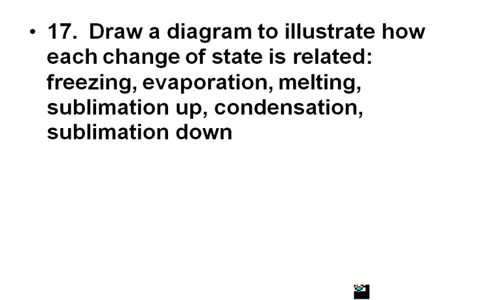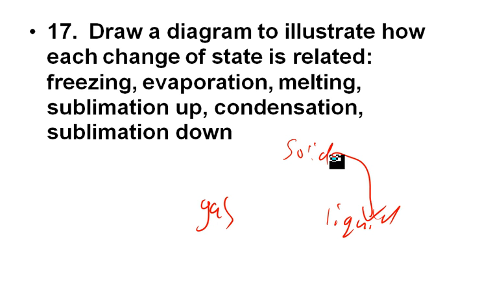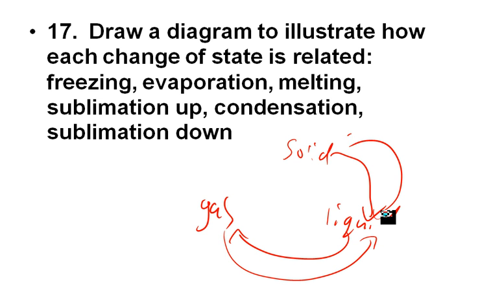Last question. Draw a diagram illustrating changes of state. So let's go solid, let's go liquid here, and let's go gas here. So to go from here to here, and here to here, and then this way, and even this way to this way.